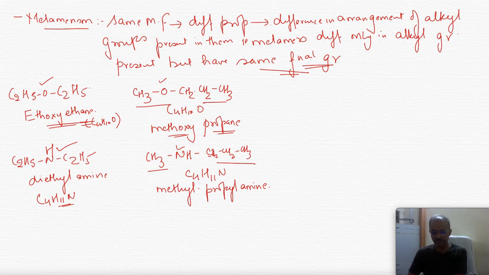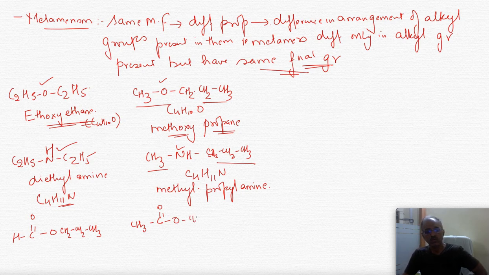I'll give you one more example. Take for example HC double bond O dash O CH2 CH2 CH3. Fine. Now we can say CH3 C double bond O O CH2 CH3.